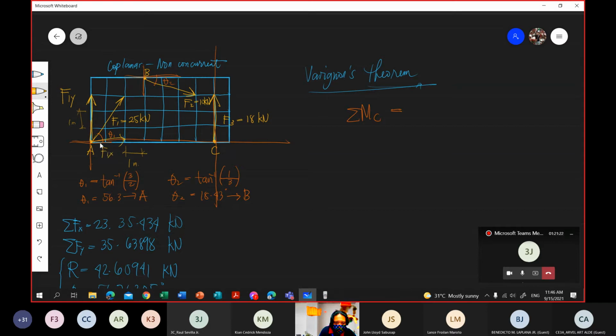But the moment of F1x is 0 at point C, so we do not include F1x.